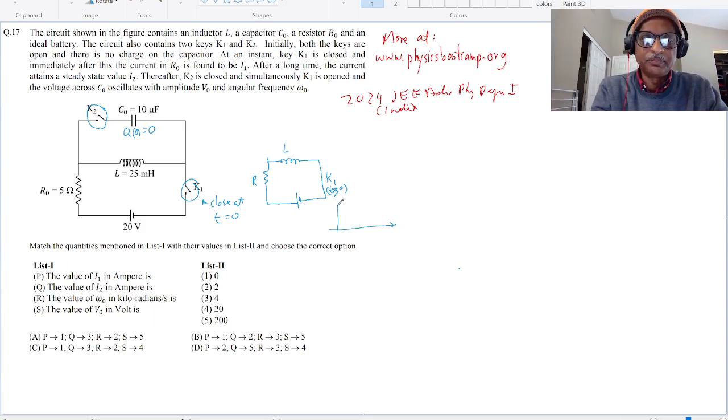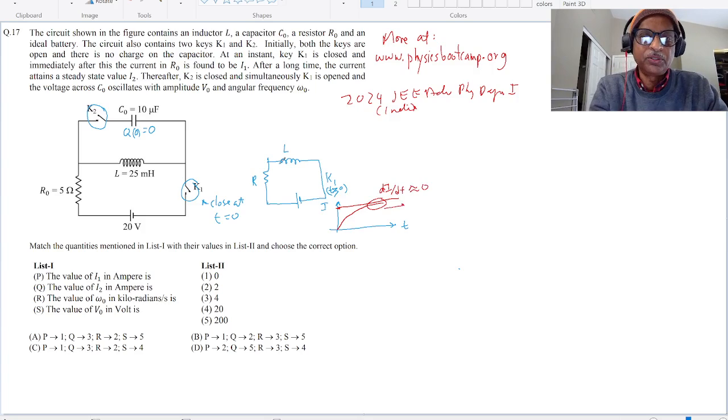If you remember this from your studies, this diagram is very important to remember. The current asymptotically reaches something, and di/dt will become almost 0 with time.